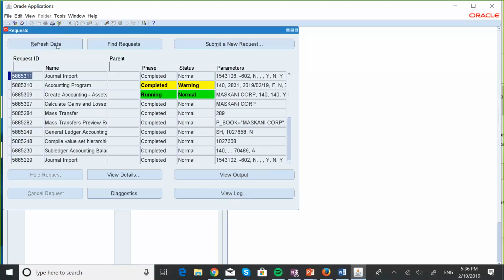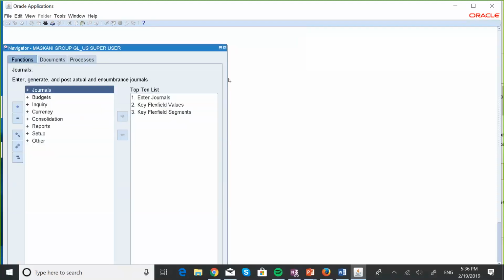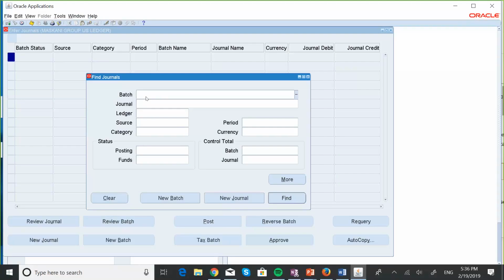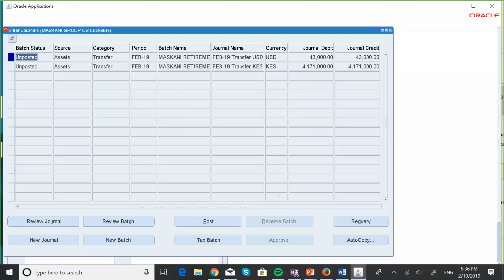So accounting created with a warning, journal import is complete. Let's go and see the journals first. So this is our retirement batch. Oh, I didn't remember it being this huge amount.